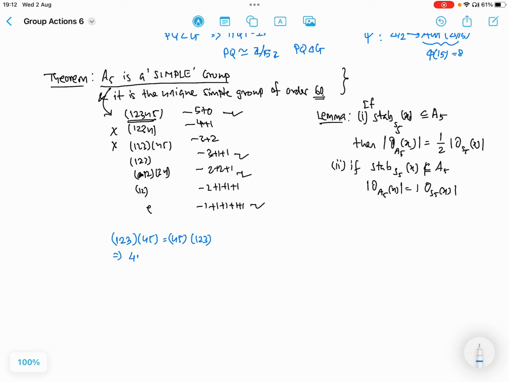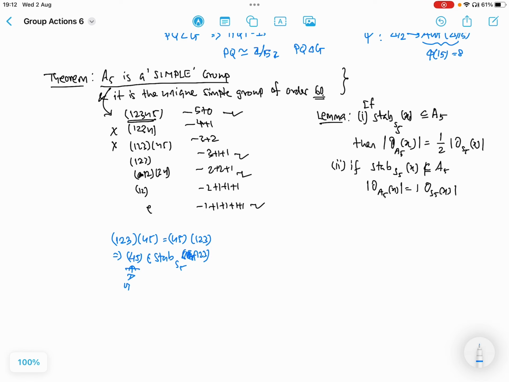And so you get (4 5), and remember this is not inside A5, right? And this belongs to the stabilizer of (1 2 3) inside S5. So we are at case 2. And so the orbit of that element will be the same as the orbit of that element inside the whole group.